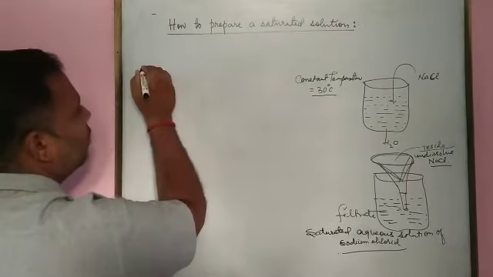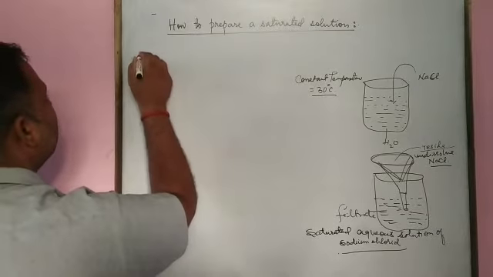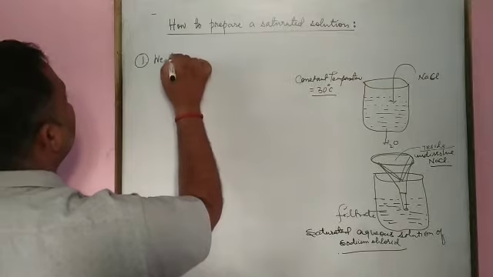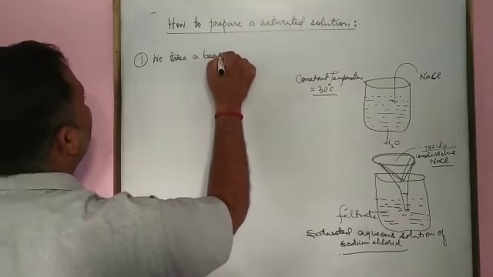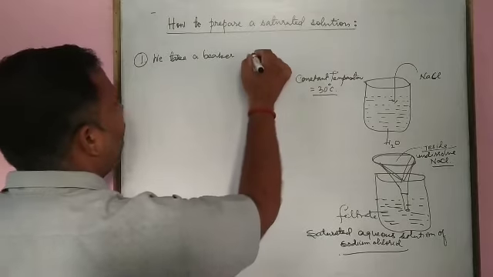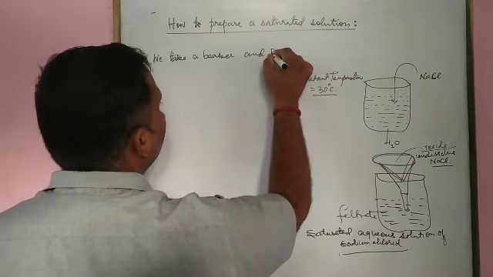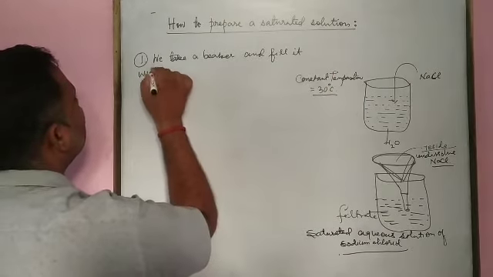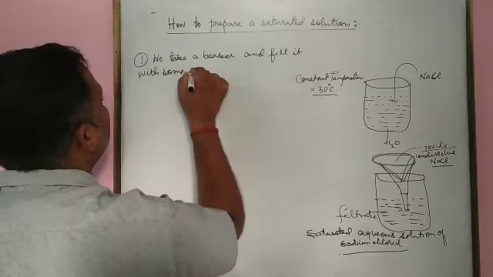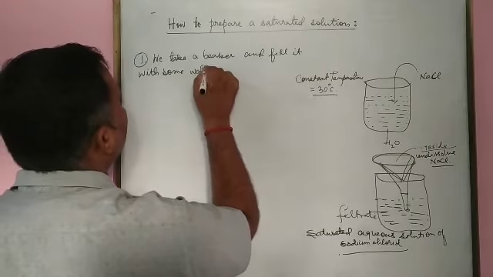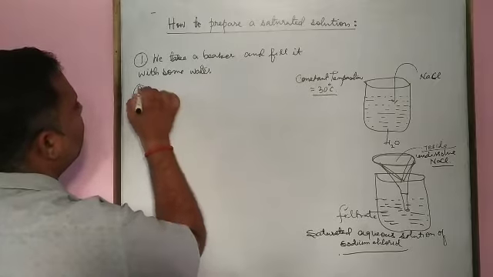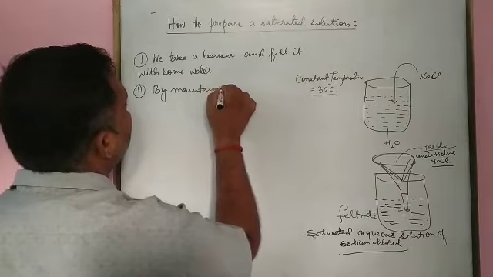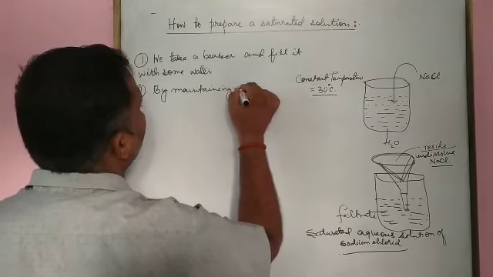Let us divide it into various steps. The first one, we take a beaker and fill it with some water. Next, we maintain a constant temperature.